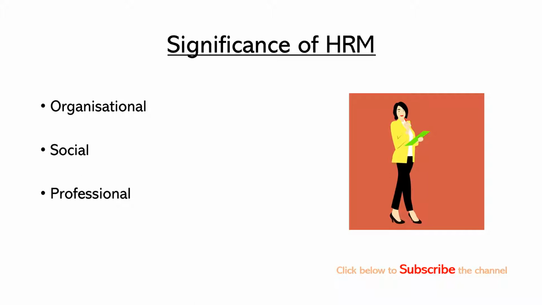Human resources is gaining importance because human resource management tries to conduct proper recruitment, and also tries to retain these employees in an organization. That is why it has gained organizational significance.